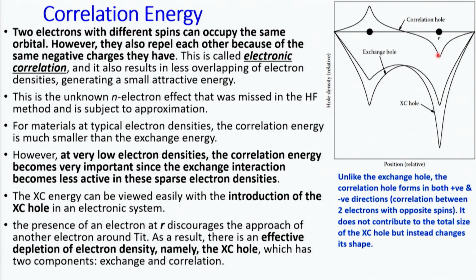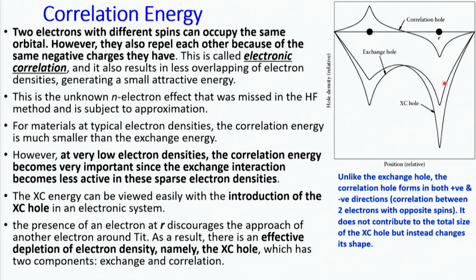But in the case of the correlation, their spins are different, so the hole density will be different around these two electrons having different spins, and the correlation hole will be mostly in the middle. What the correlation hole essentially does is not change the total energy. It is just changing the shape of this exchange hole, and that will also change the overall electron density.